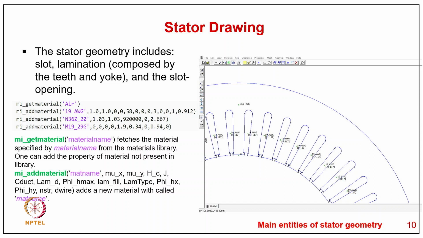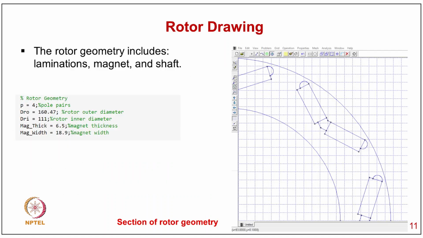One can add the properties of a material not present in the library, and mi_addmaterial with mu x, mu y, and conductivity adds a new material called matname.